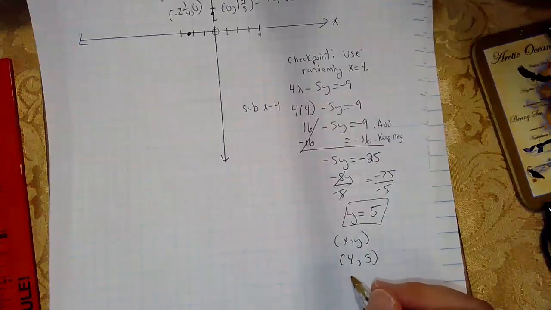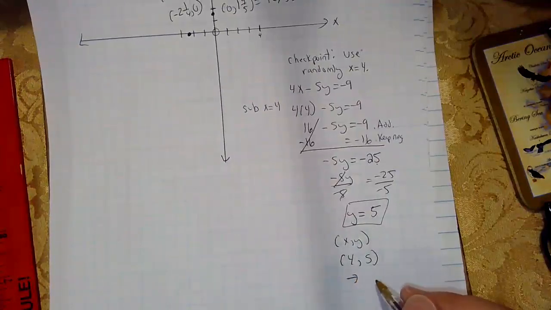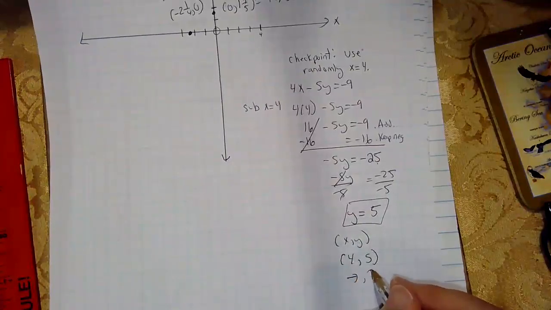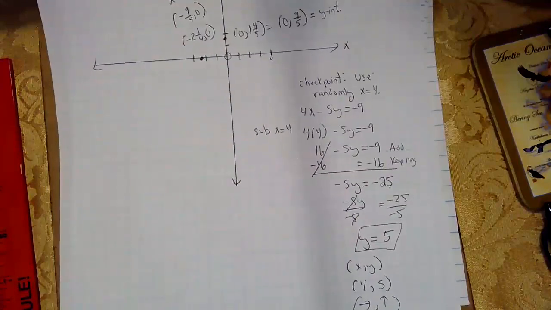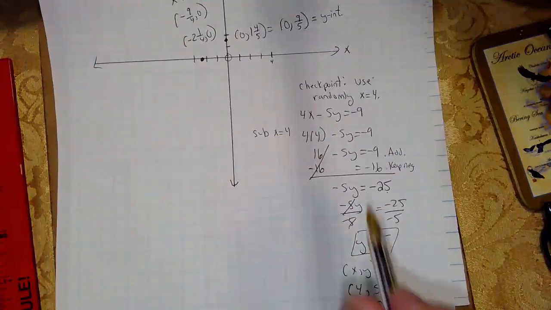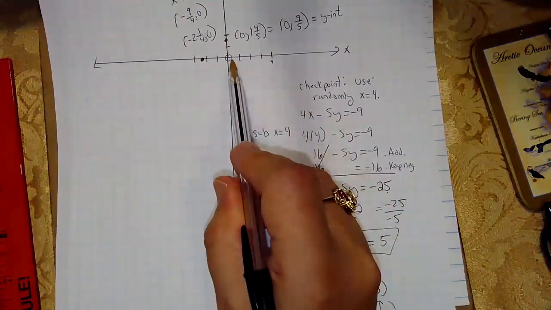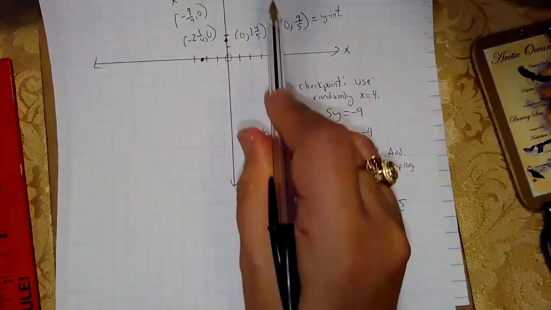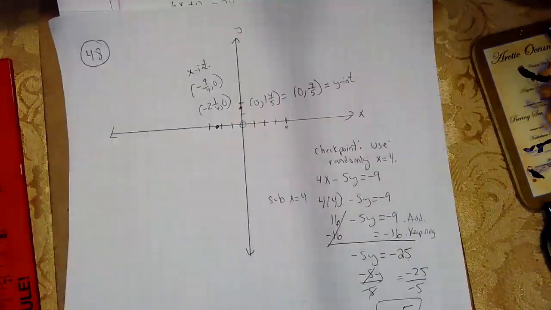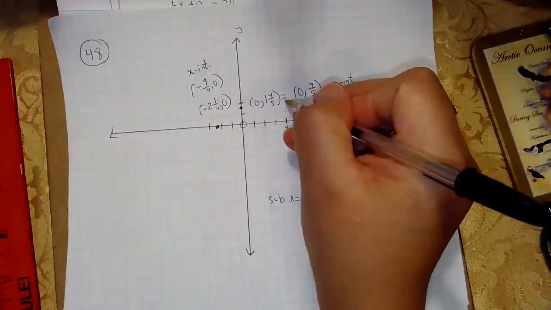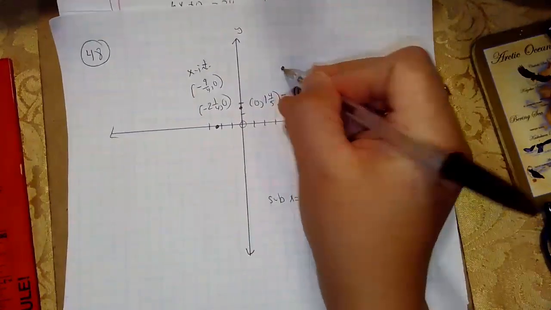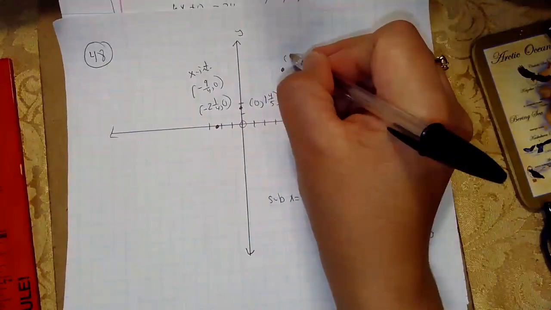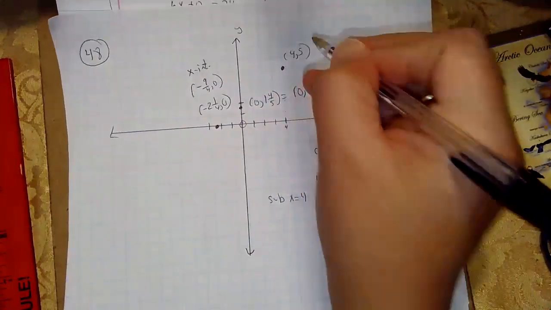So from 0, 0, I would have to move right 4 and then up 5. So I already showed you 4 here. Now I have to go up 5. 1, 2, 3, 4, 5. So 4, 5.